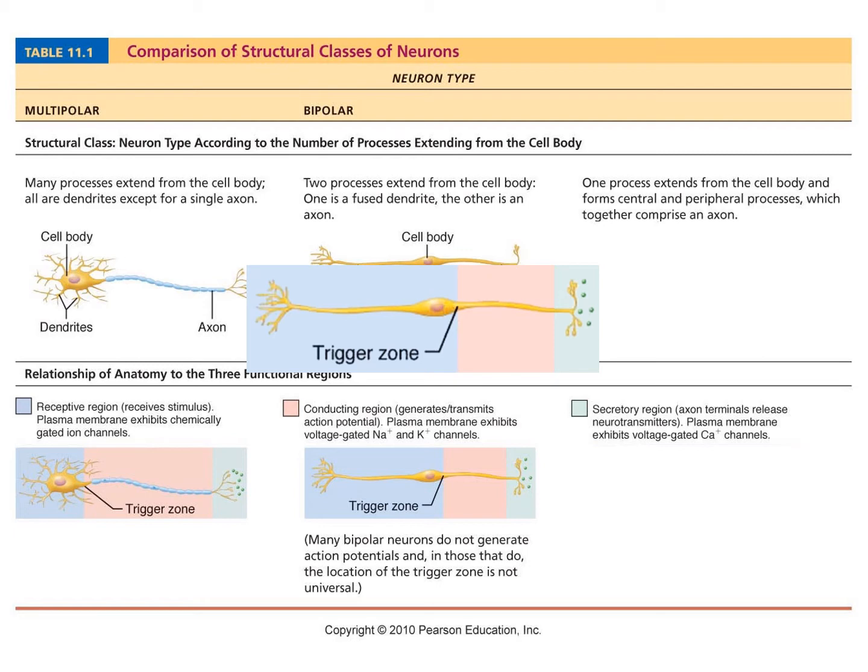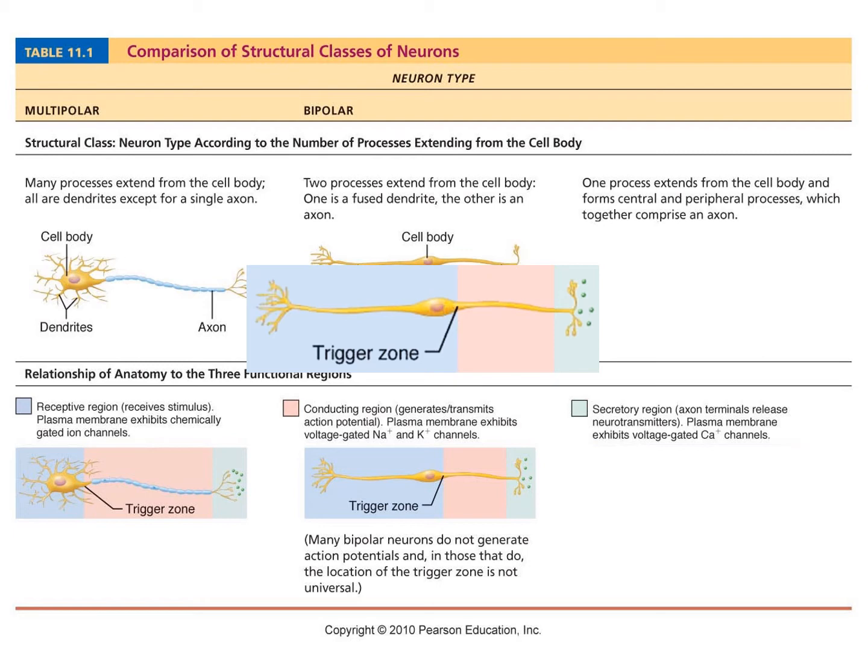And so one thing that I hope that you notice here is that there's a pretty conspicuous absence of Schwann cells in the bipolar neurons. And there are two reasons for that. First of all, you only find Schwann cells on neurons that are in the peripheral nervous system. But secondly, most bipolar neurons are really short.